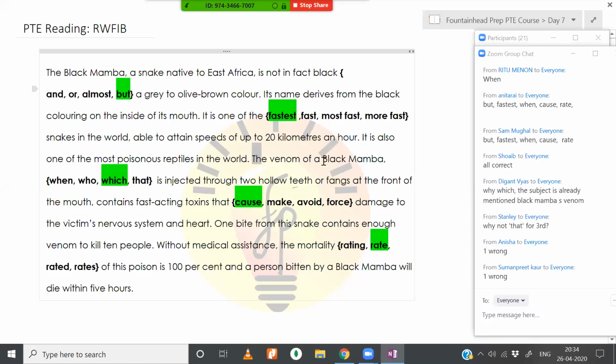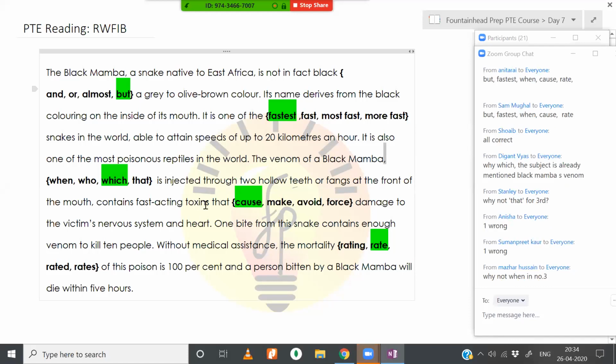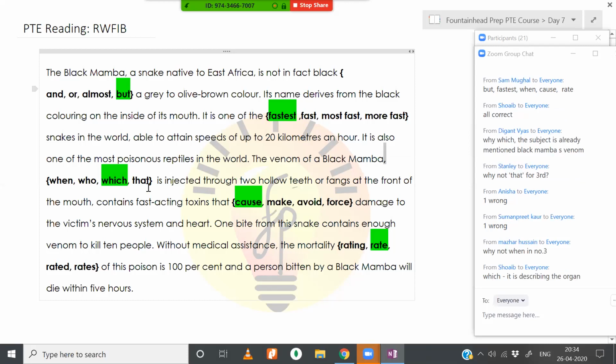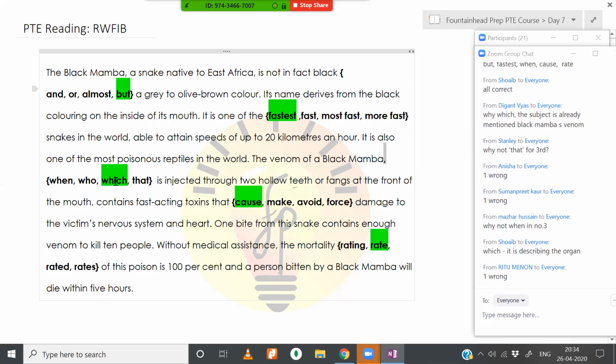The venom of a black mamba, and then there is a comma, right? Whenever you see a pause, it makes sense to go with which. If you have a choice between which versus that, then you should go with which. That's a very simple way of answering it.